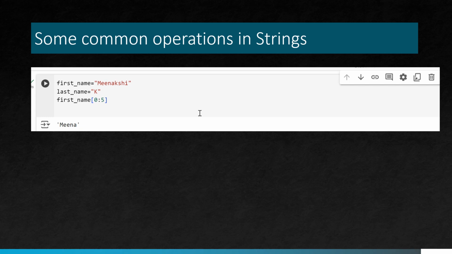I can get Meena here. This is the lowest value, 0 stands for the low value. Suppose I wanted only the second half, KSHI. So what I'll do? 5 colon, I can give -1. So I'll get KSH.